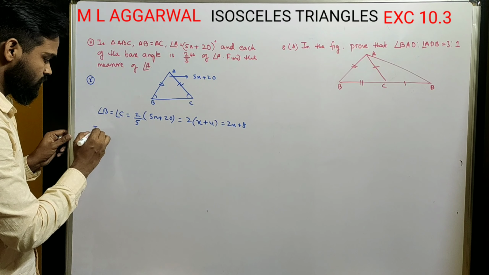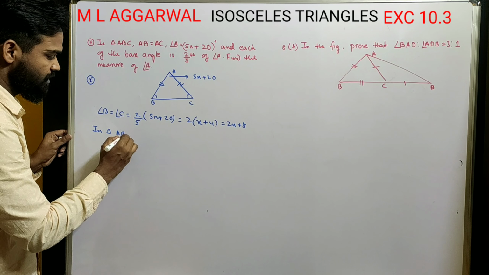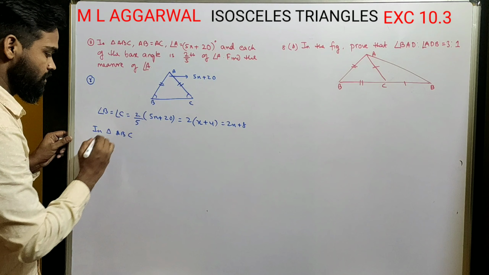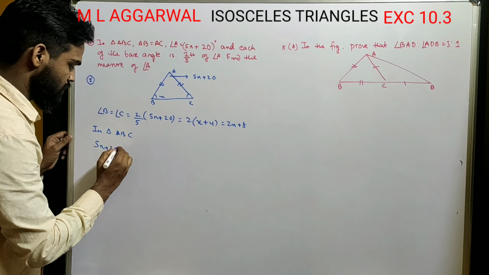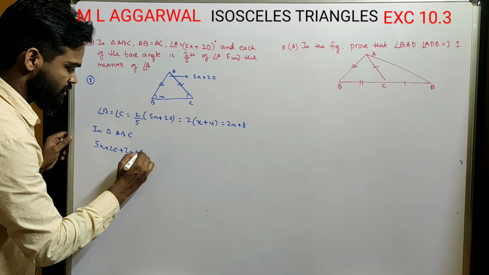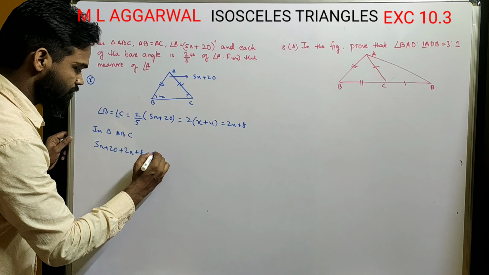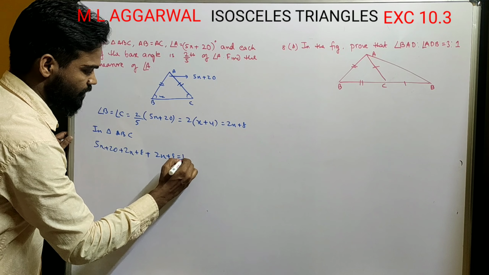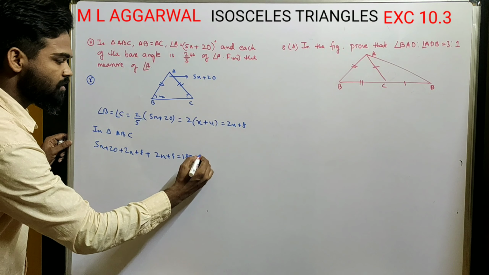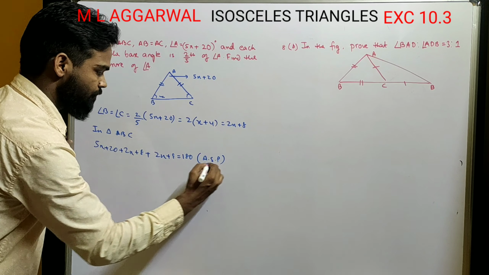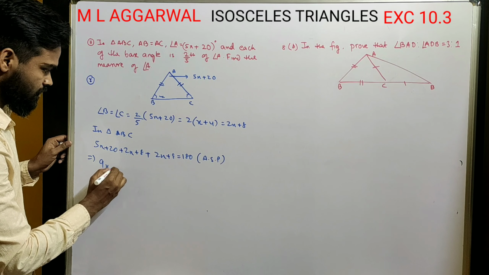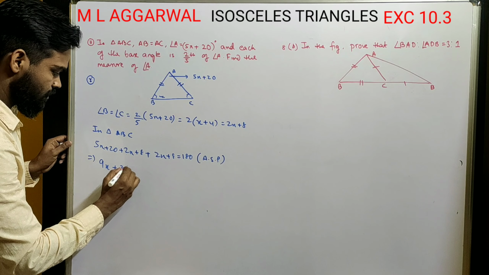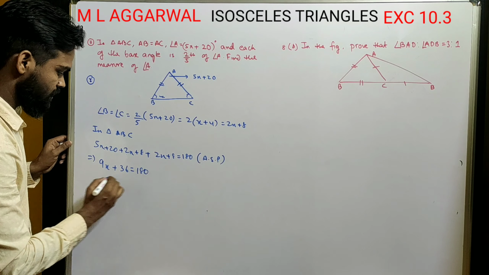Now in triangle ABC, can I write 5x plus 20? This angle we know it is 2x plus 8. This angle again the same, 2x plus 8. This will be equal to 180. Angle sum property, isn't it? Now this is 9x plus 36 equals 180.